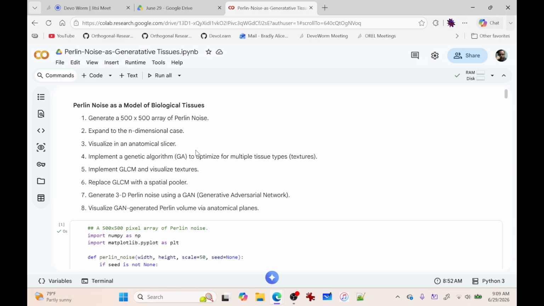One of the reasons Perlin noise is good at modeling tissue is because it has this sort of non-Gaussian distribution. I'll show you in the first cell what an example of Perlin noise is. But basically it has sort of a quasi structure to it, and that's kind of the idea of why it looks like tissue.